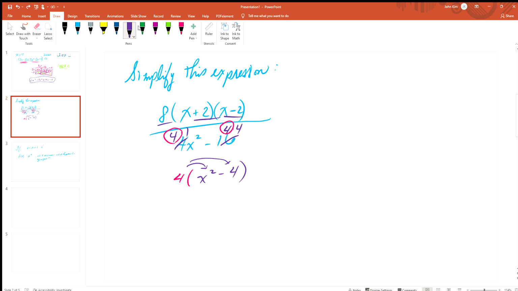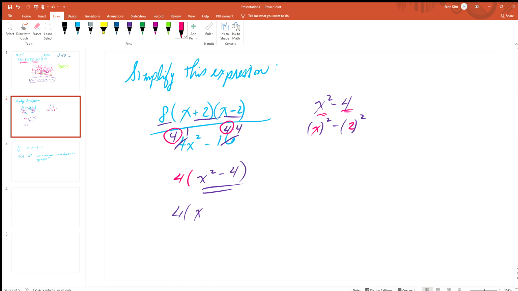Okay, so I'm going to cancel that for now. Now, this is going to be a difference of squares, right? Let's rewrite x squared minus 4 as the same thing as something squared minus something squared, right? What goes inside here? It's going to be x squared minus 2 squared.